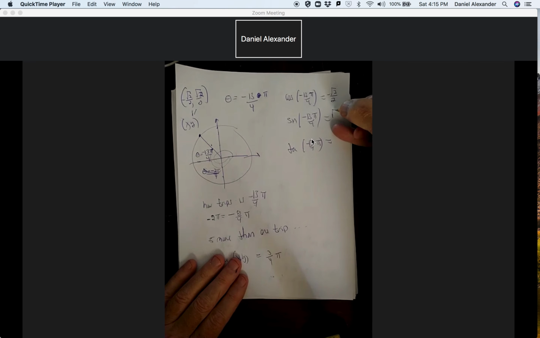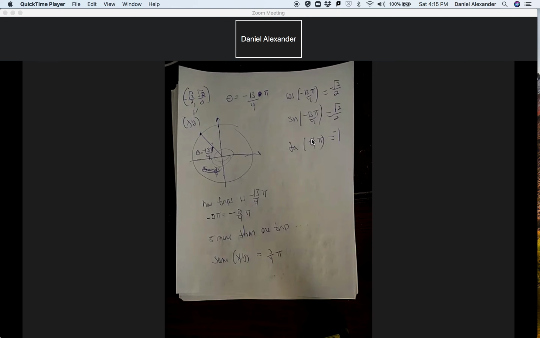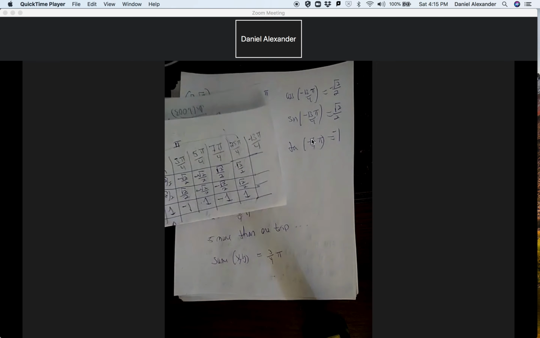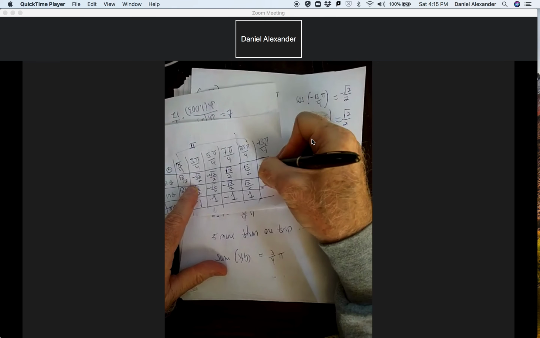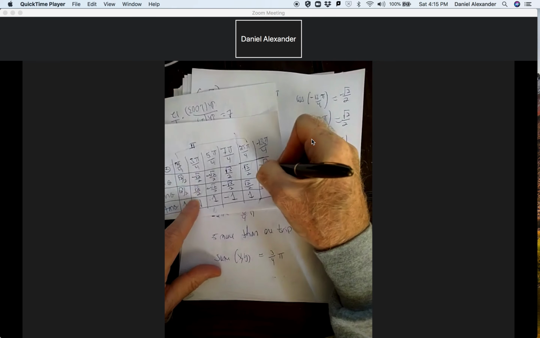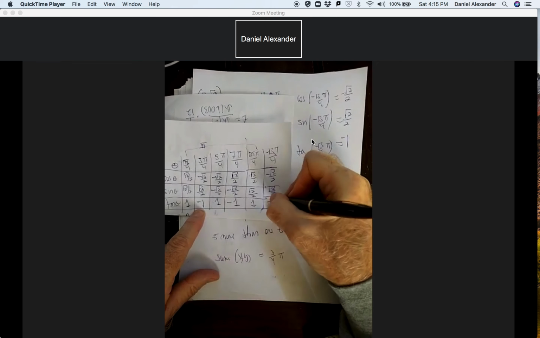Sine, square root of 2 over 2. Tangent was minus 1. X over y, but a minus sign. So again, we'll go finish the chart. We said this was the same as 3/4 pi: minus square root of 2 over 2, plus square root of 2 over 2, minus 1.